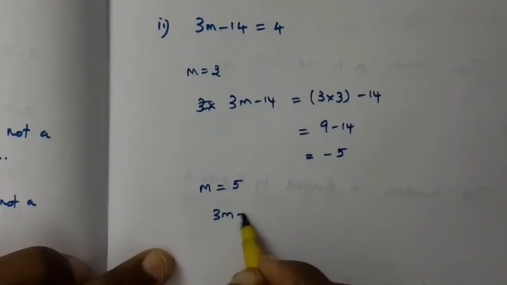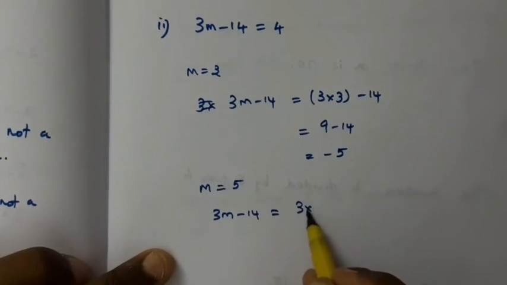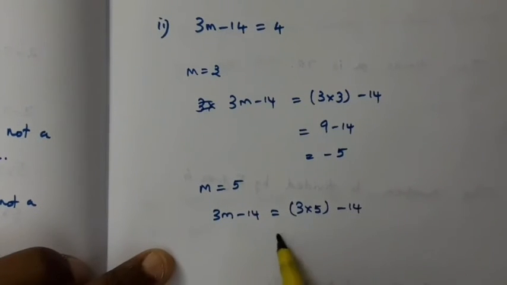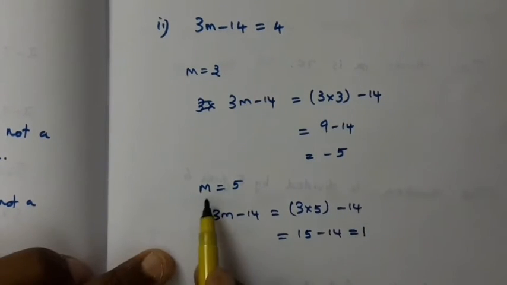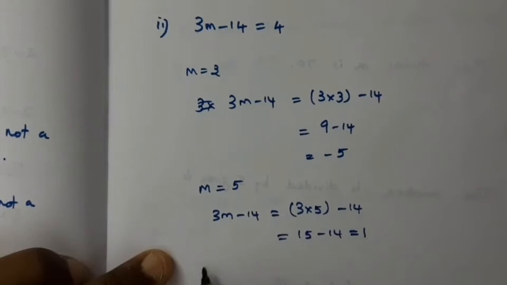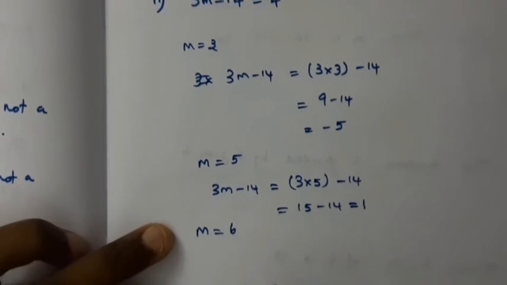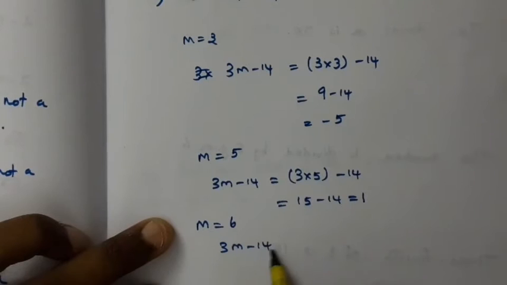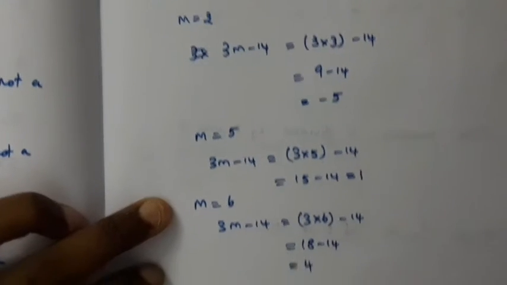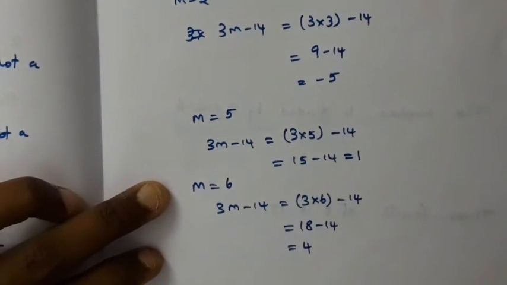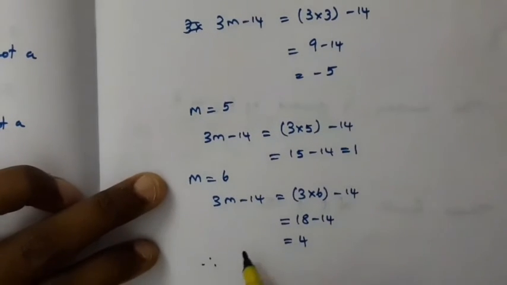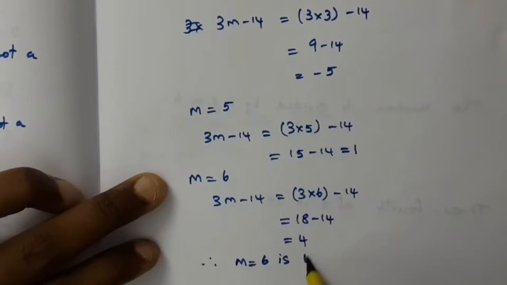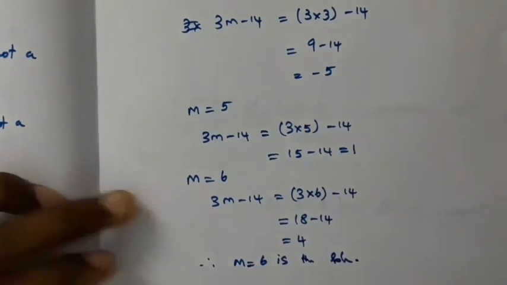So 3m minus 14, 3 multiplied by 5 minus 14, which is 15 minus 14, equal to 1. Again this is not equal, 5 is not a solution. Let me take m equal to 6. 3m minus 14, so 3 multiplied by 6 minus 14, which is 18 minus 14. The answer is 4. That is what was given, 3m minus 14 is 4. Therefore you can write m equal to 6 is the solution to this equation.